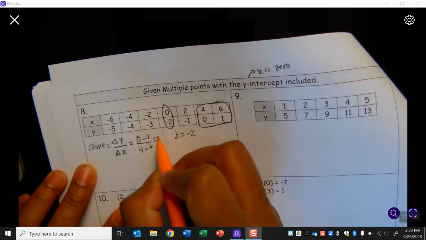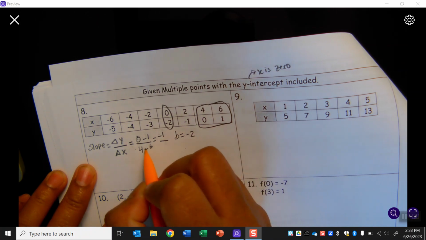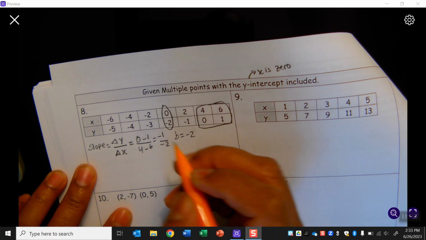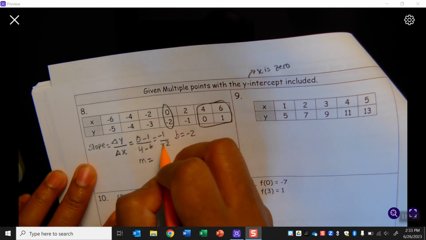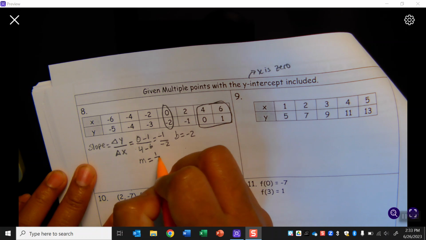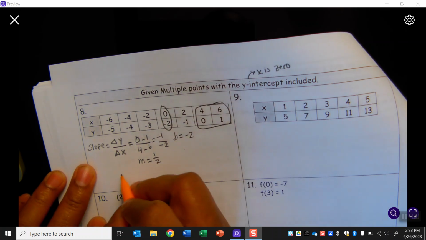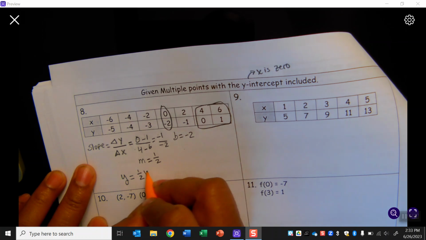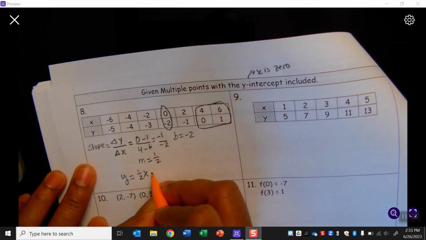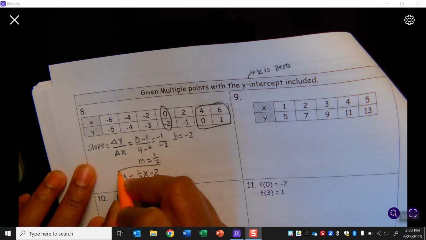So 0 minus 1 is -1. 4 minus 6 is -2. So that means that the slope is positive 1 over 2. So now I have y equals 1 over 2 x, and b, the y-intercept, is -2.